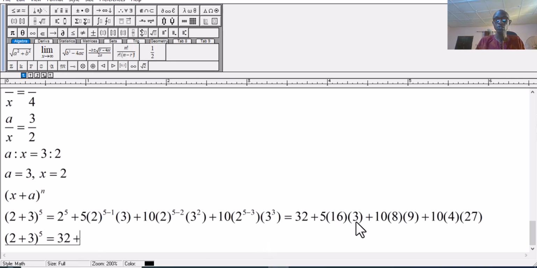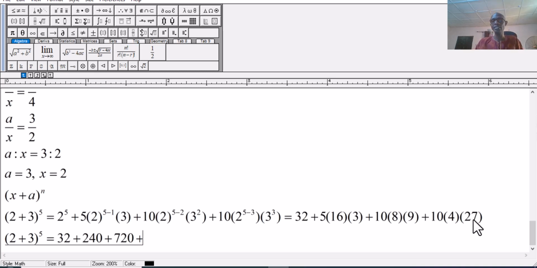So this one, 32, this is 80. 5 times 16 will give you 80. 80 times 3, that's 240. So that is done. 8 times 9, that is 72. 72 times 10, that is 720. So the next one, that's 108.